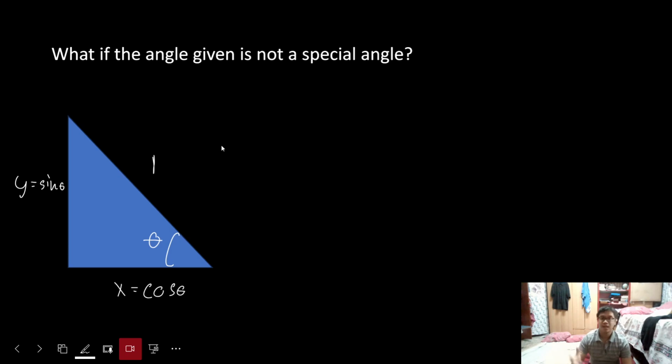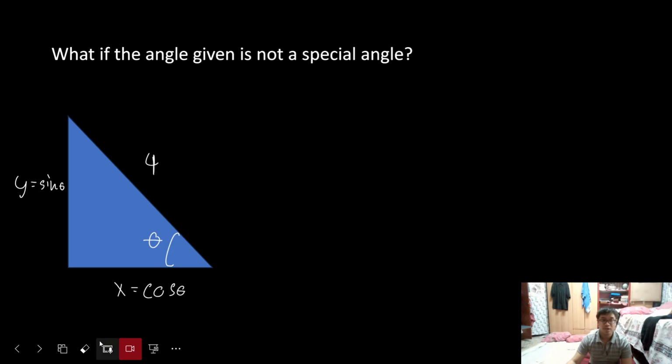But what if the hypotenuse is not 1? Let's say, for example, 4. Do you think I'll be using these formulas to find each x and y component? The answer is no. You will be using a different formula.